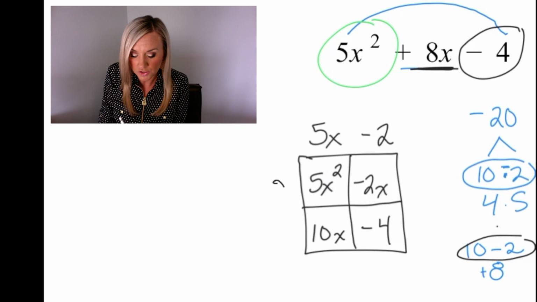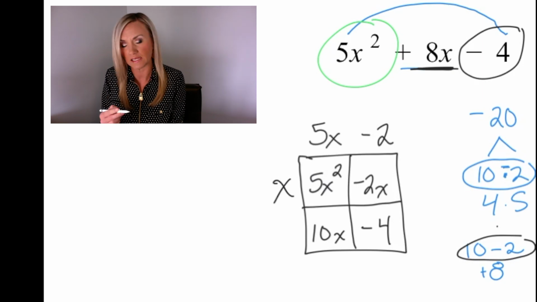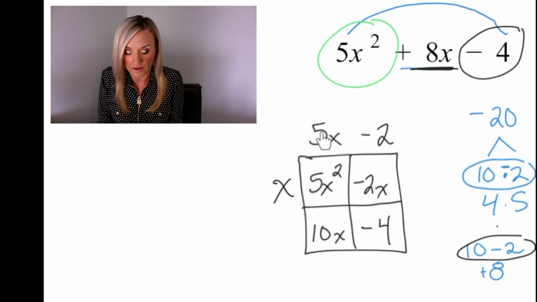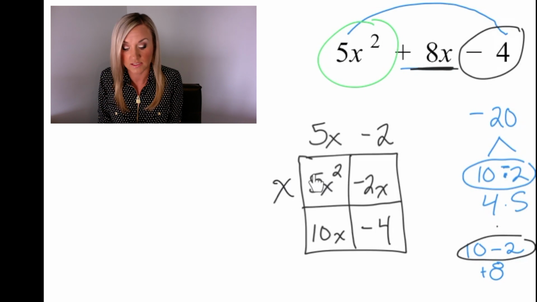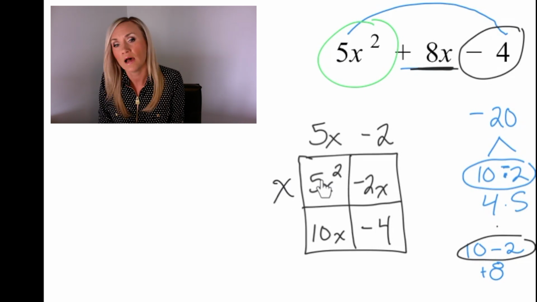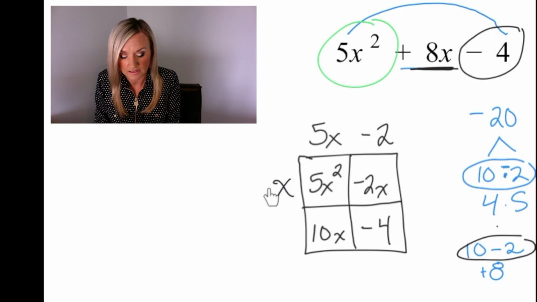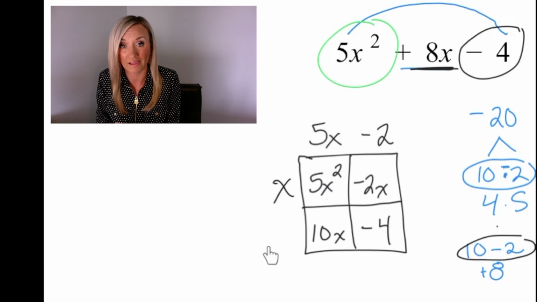As you put terms on the outside of the box, mentally check: 5x times x does give me 5x squared, so I set that one up correctly. Now x times negative 2 gives negative 2x. Perfect.